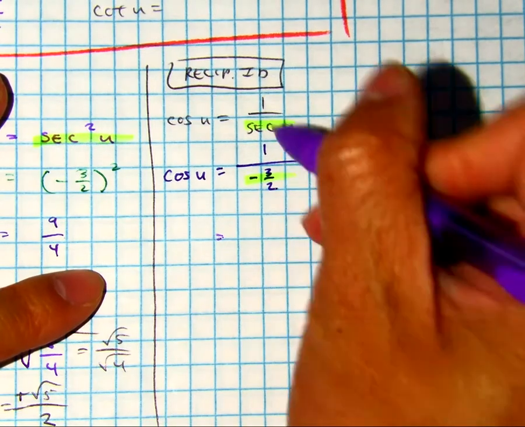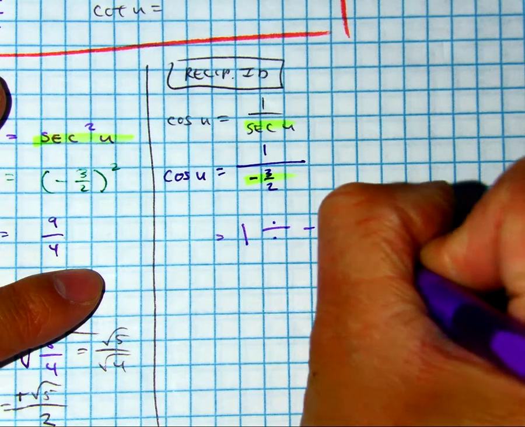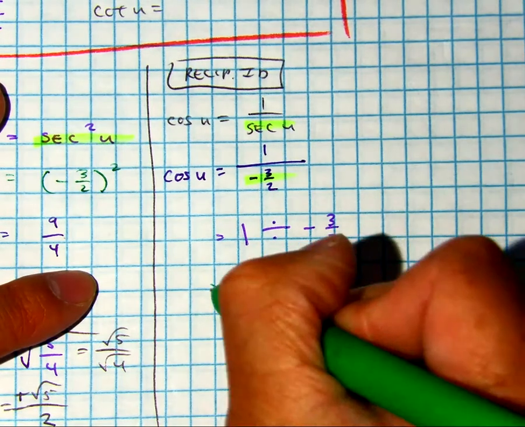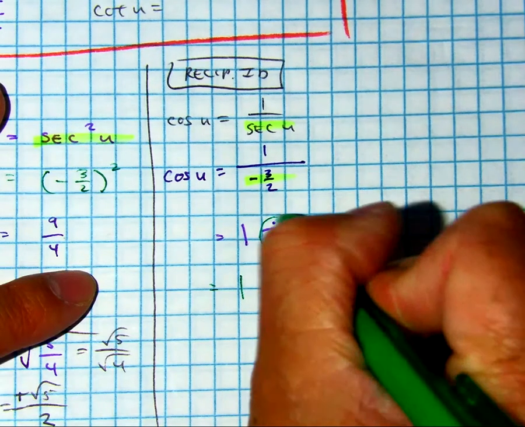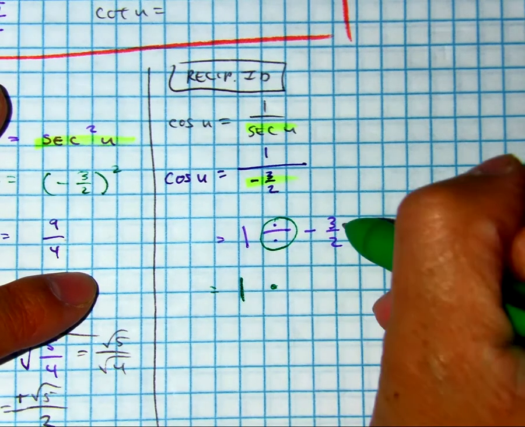So I'm going to write mine sideways. 1 divided by negative 3 halves. Did you notice how I didn't change anything there? Now the division turns into multiplication. What happens to this expression?